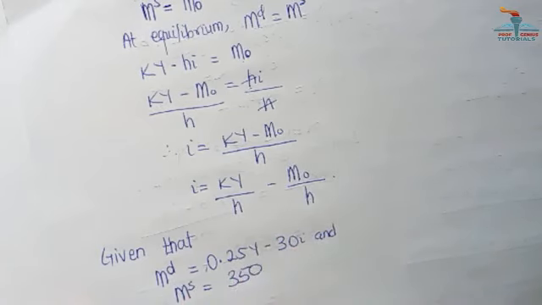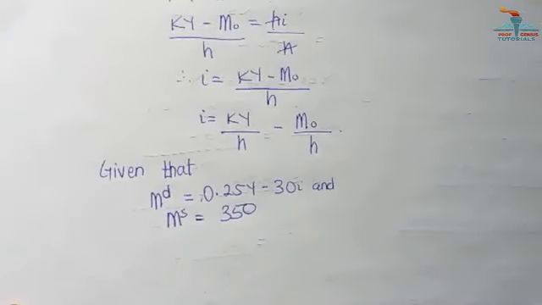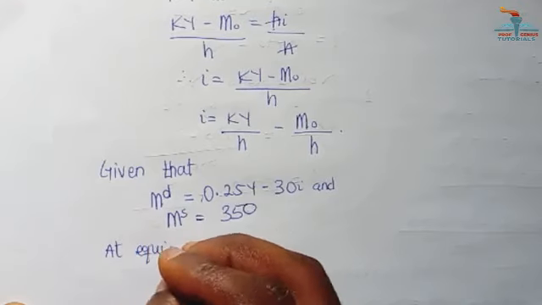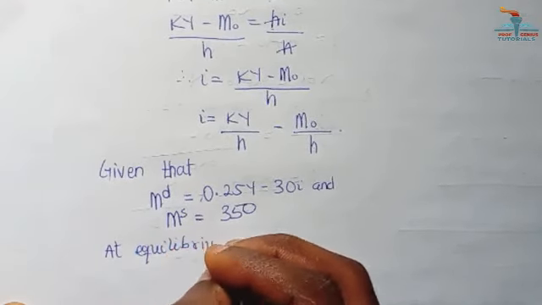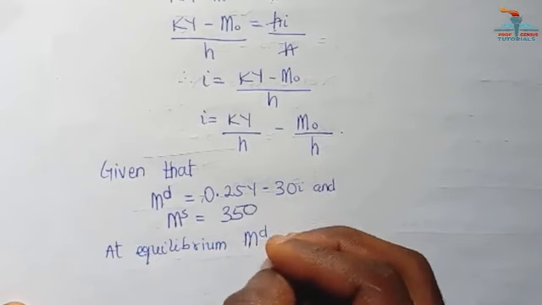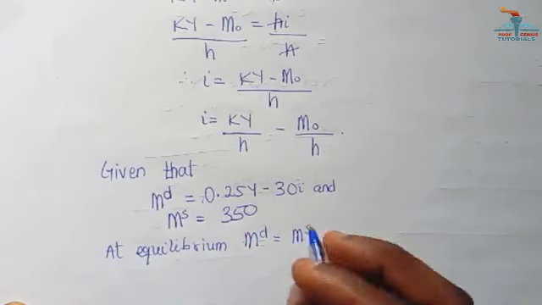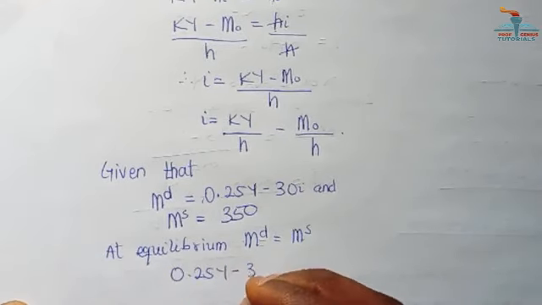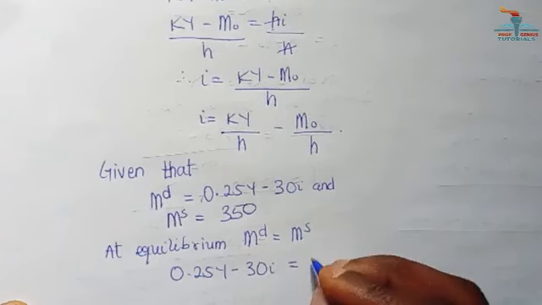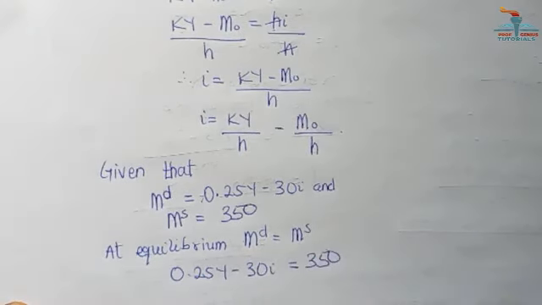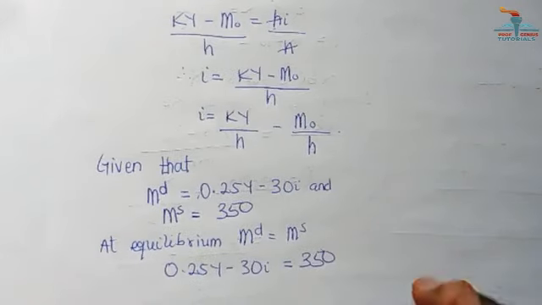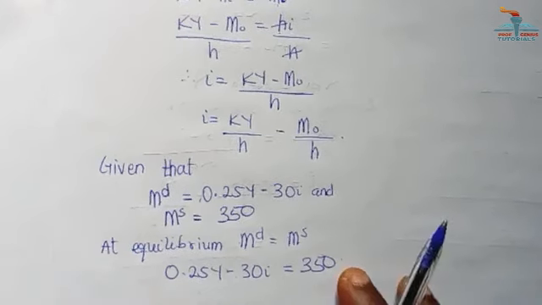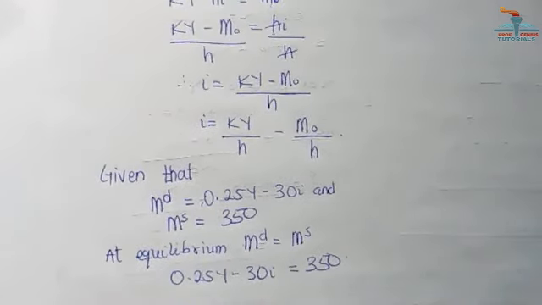We said that at equilibrium, we have to equate our MD to our MS. So we have 0.25y minus 30i, and this one is equal to 350. We want to make I the subject. So we send negative I to the right hand side, then we send 350 to the left hand side.